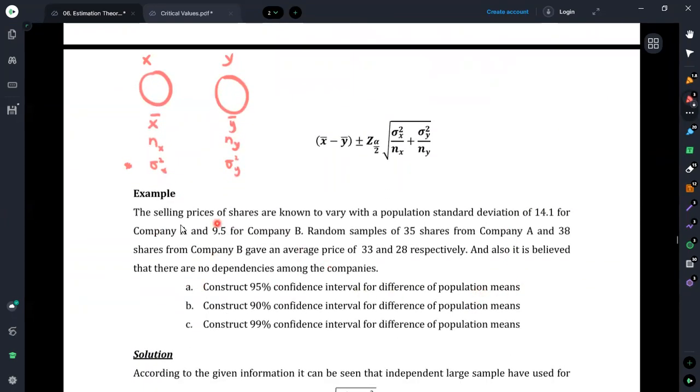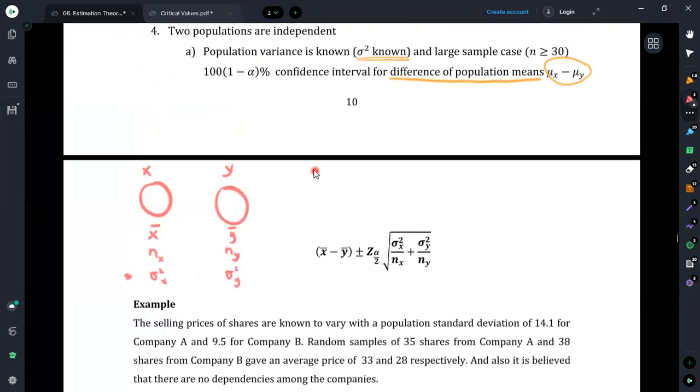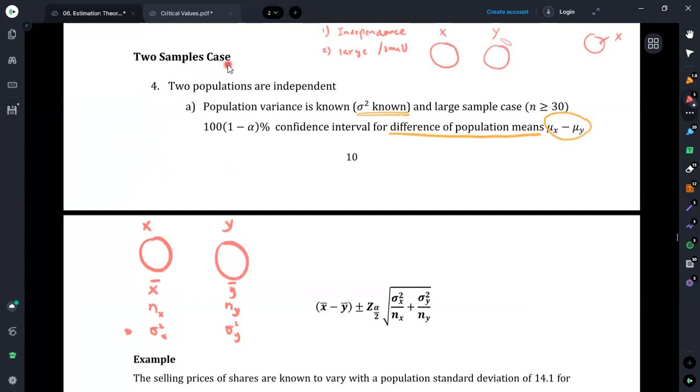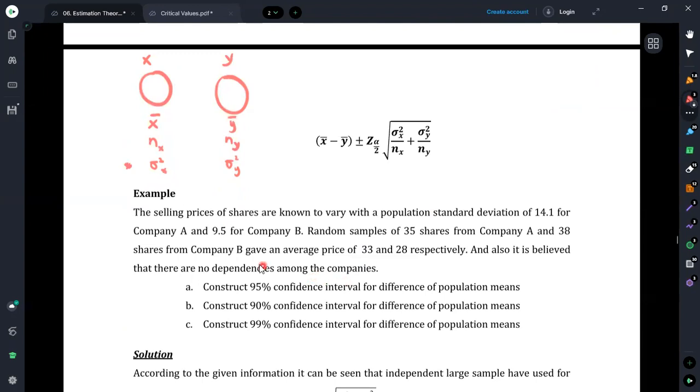Here we can see that the selling prices of shares are known. The example related to this case is the two sample case when populations are independent, sigma squared is known, and we have large samples. Here I will take only the first part.